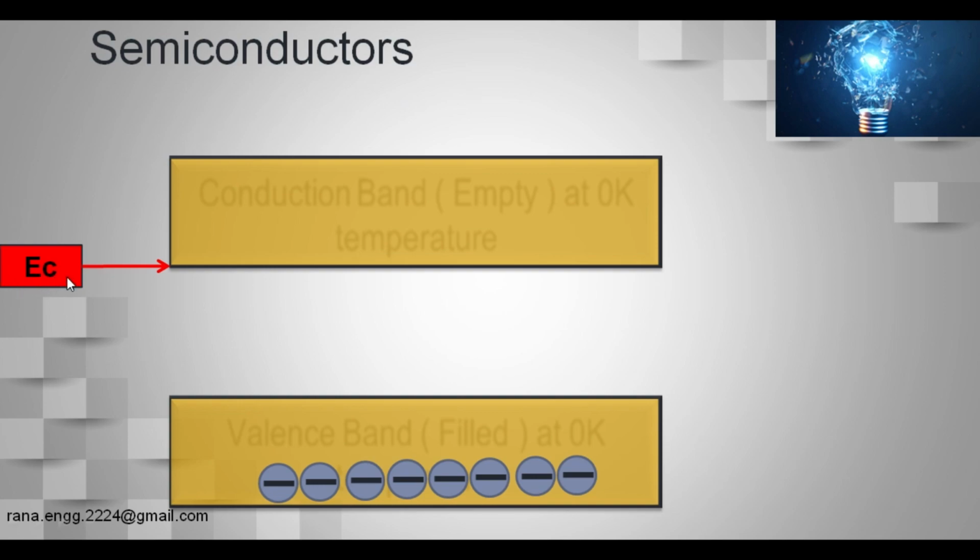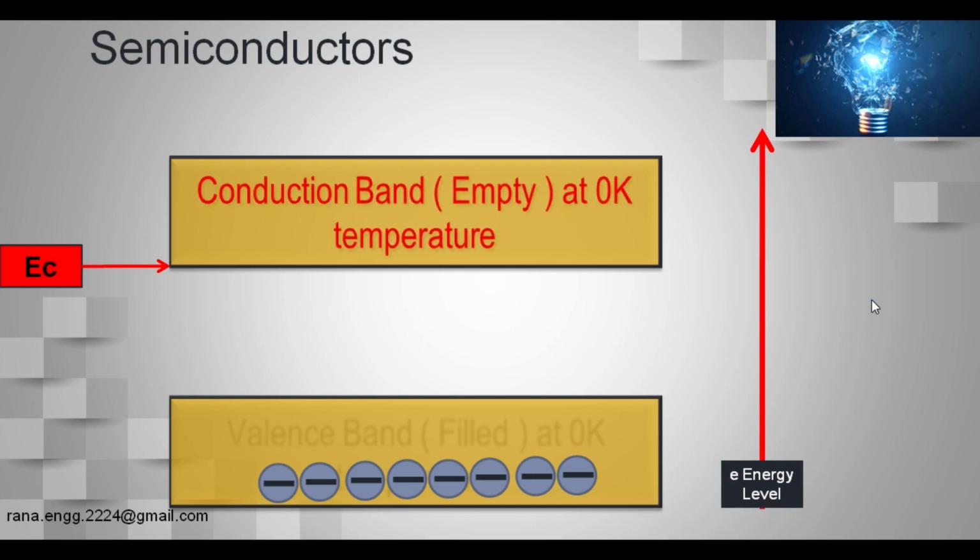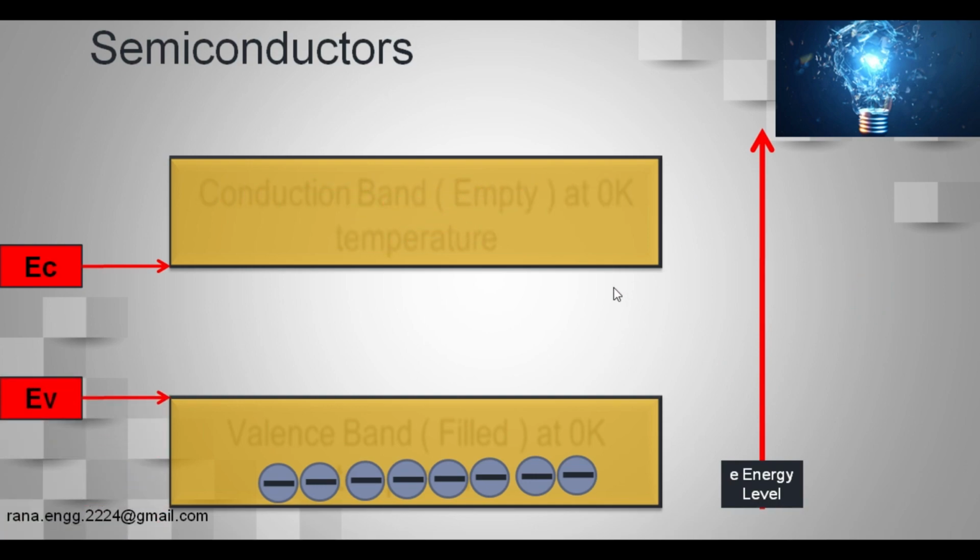The energy level of the conduction band is given by EC, and the energy level is going up. So, we have the conduction band, we have the valence band, and let us apply some kind of force to the electrons present in the valence band.